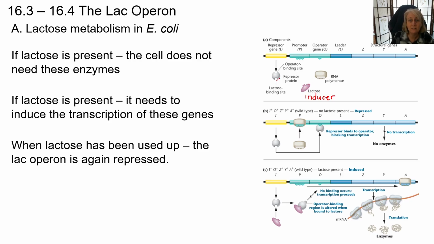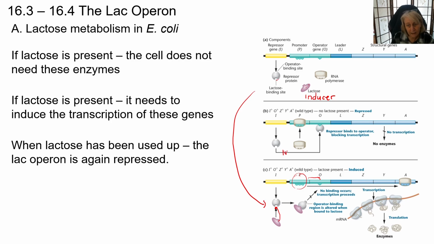Lactose binds to the repressor, and when lactose binds to the repressor, the repressor cannot block the operator. It's the wrong shape. And so the promoter and all of the RNA polymerase that binds to the promoter is free to transcribe.